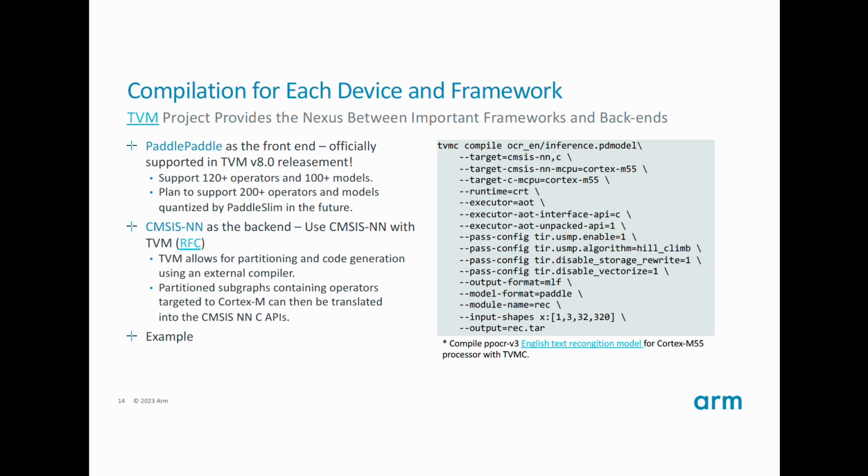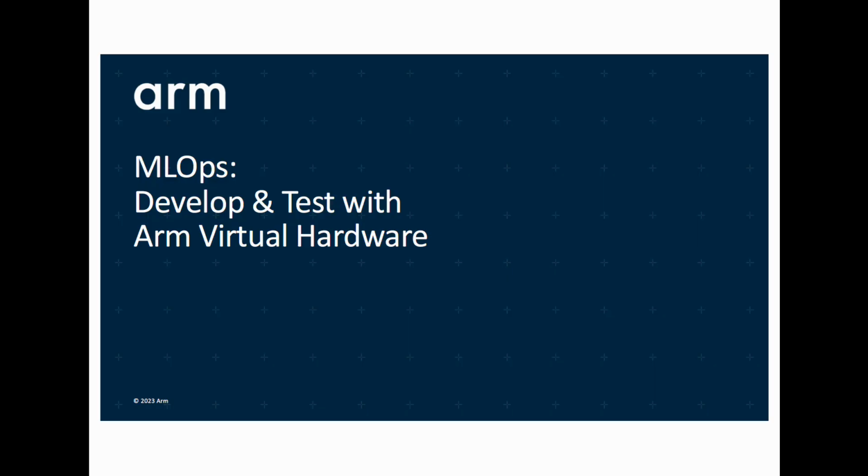Finally, it will automatically generate the code that is able to run on Cortex-M devices. This is the first time we developed such a workflow to run Paddle models on Cortex-M directly, and we verified the whole workflow through our ARM virtual hardware. So in the next session I will show you how ARM virtual hardware can benefit the MLOps workflow.